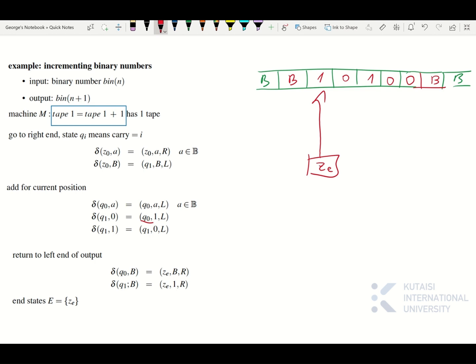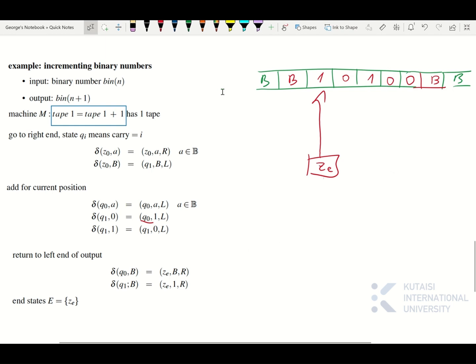So do you see the logic of what this is doing? You're basically writing the simplest algorithm you can do. So you start, read, go right all the way, and then you have 1 to add, and if you see 0, you add 1. If you see 1, you change it to 0, and you just remember this 1 in Q1 until you reach the point.